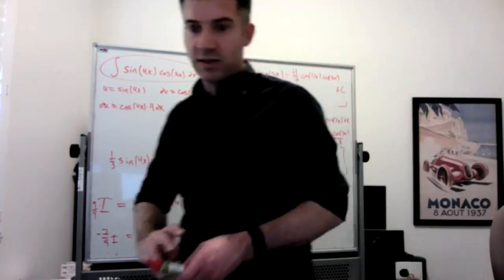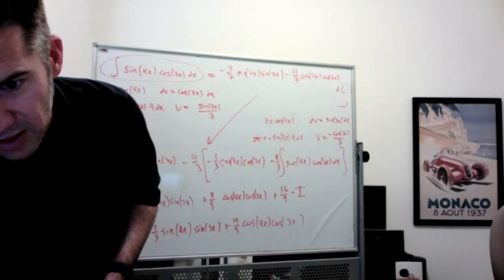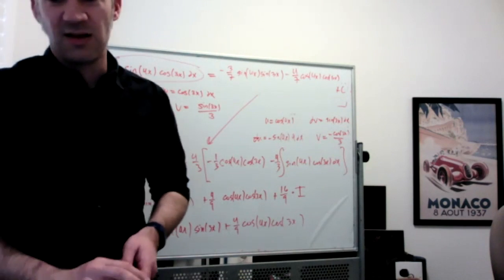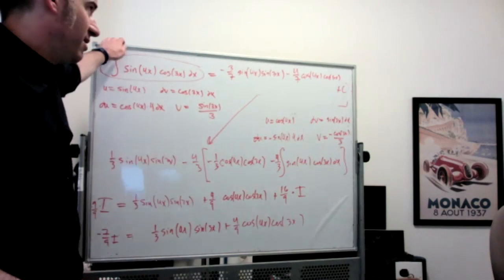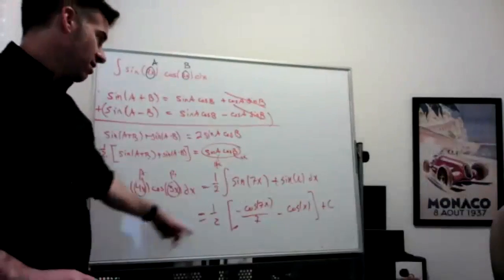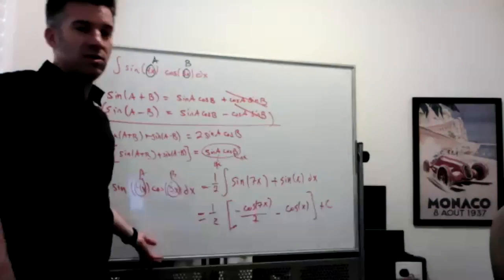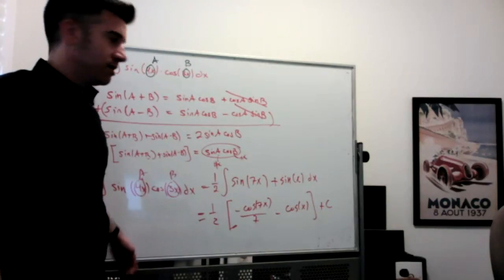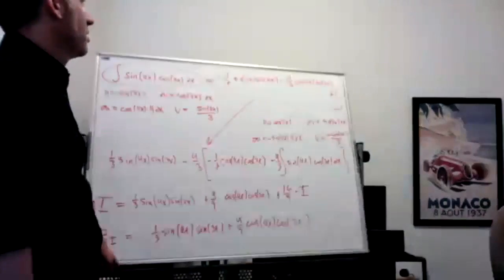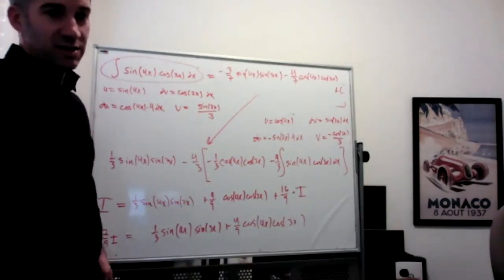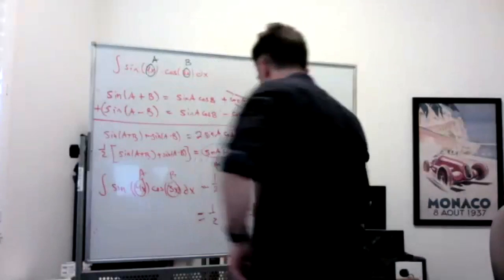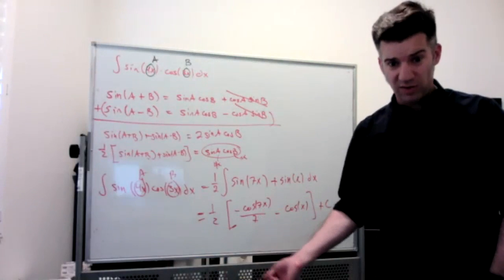So then you have to ask yourself, does this look the same? And the answer is not really, right? That does not look the same as that at all. It is the same, you just have to do work to show it's the same. So the way you would show that these are the same, which is kind of a pain, is you would use the trig identity for cosine.